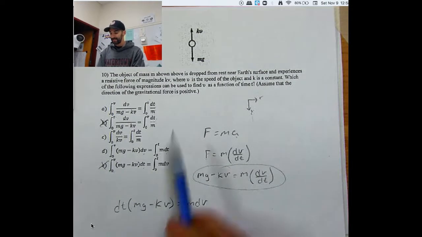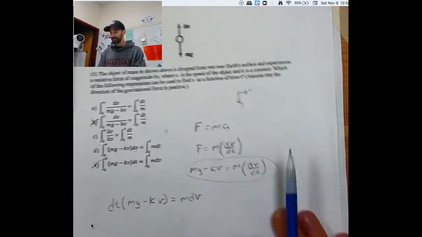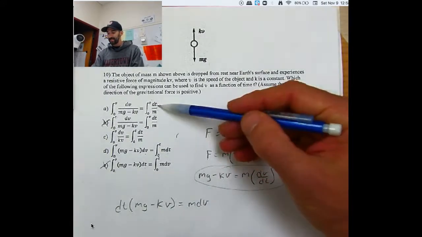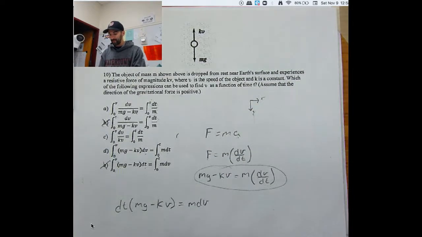All right, well, let's see. I've got a dt over here. Oops, sorry. I want dt over m. That's easy. I'm going to divide both sides by m. So I have dt over m times (mg minus kv) equals just dv.